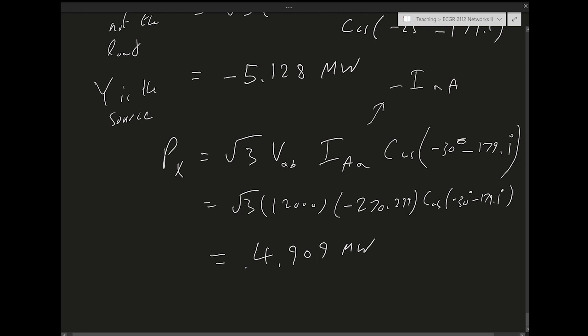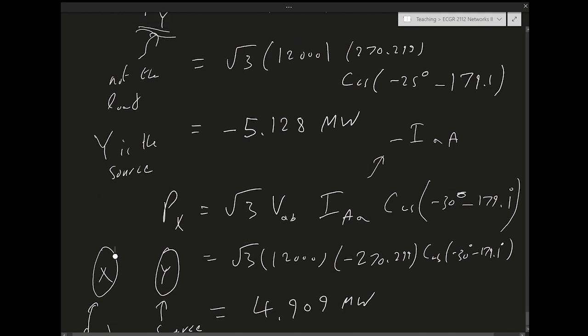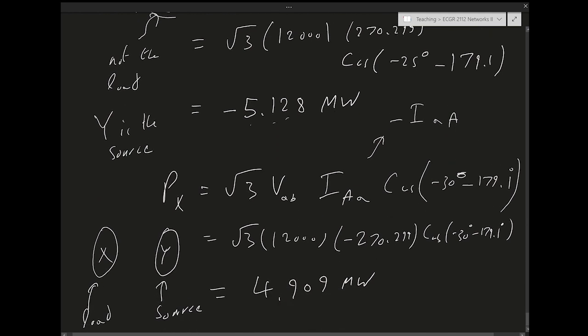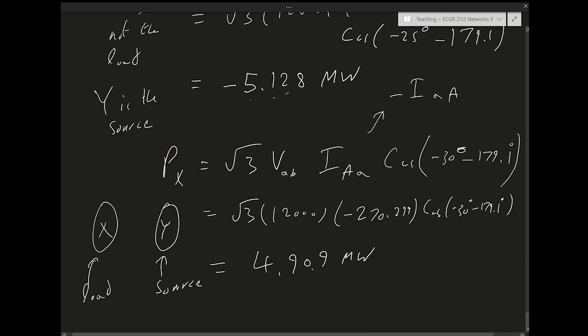Aha, so the absorbed power in system X is positive. So that means system X is the load, while system Y is the source. Notice there's a difference in the power. So power that's source is 5 point some megawatts, 5.1 megawatts, while the power that's absorbed is 4.9 megawatts.